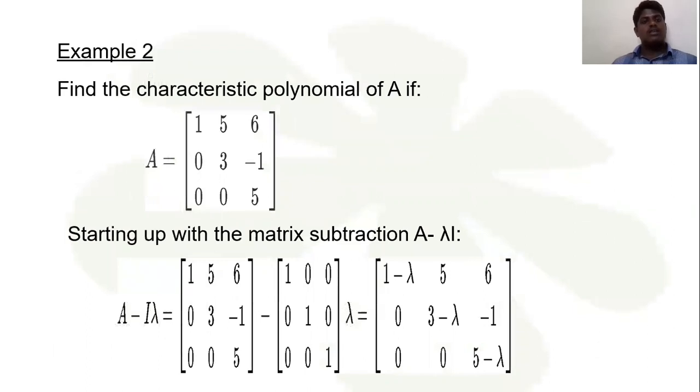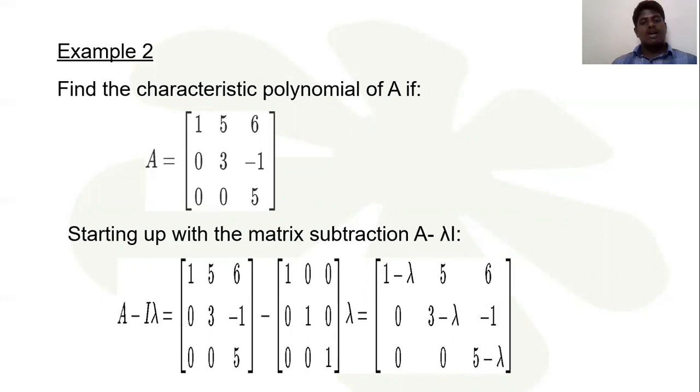Now example 2. Find the characteristic polynomial of A if A is the 3 by 3 matrix 1, 5, 6, 0, 3, minus 1, 0, 0, 5.